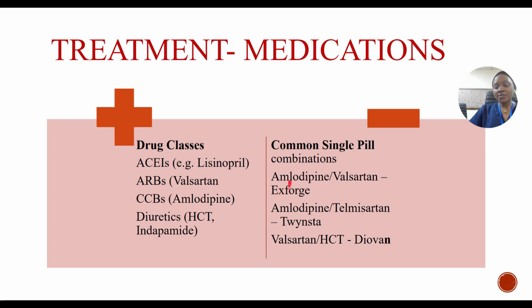We have Exforge, Twynsta, or Diovan HCT. Exforge consists of a calcium channel blocker and an ARB, or Twynsta, a calcium channel blocker and an ARB, telmisartan, or valsartan HCT, an ARB and a thiazide diuretic.